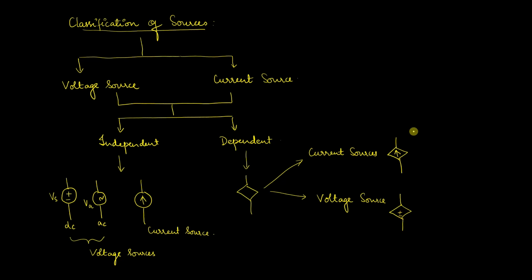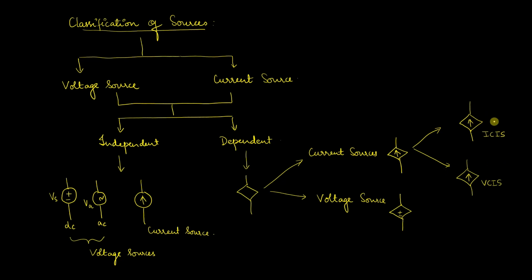Voltage sources will have polarity, whereas current sources will have the indication of the direction of current. Current sources can be further classified as current controlled current source, which is I corresponding to current, and we can have voltage controlled current source.